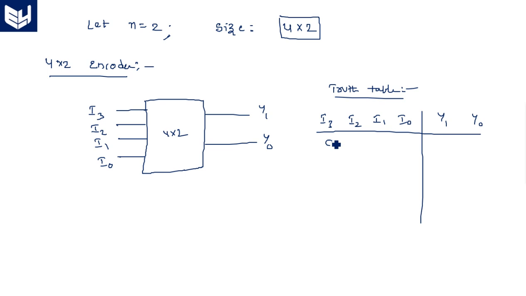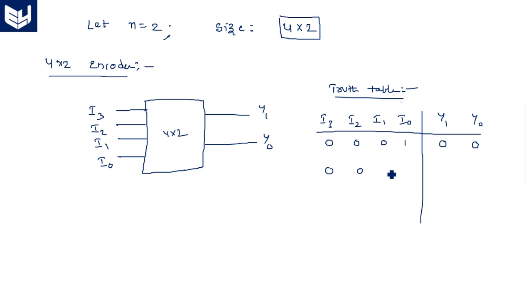Now consider 0 0 0 1. That means the I0 pin is 1, this pin is activated and all the remaining are zeros. Whichever pin is activated, the corresponding binary data will come as output. As it is 0, the corresponding binary data is 0 0.